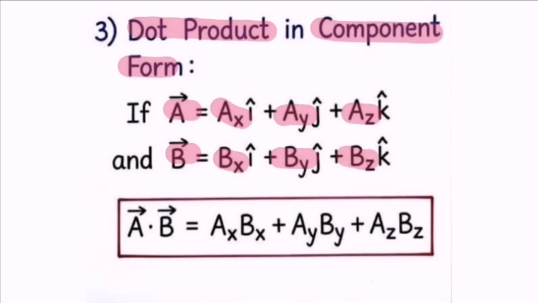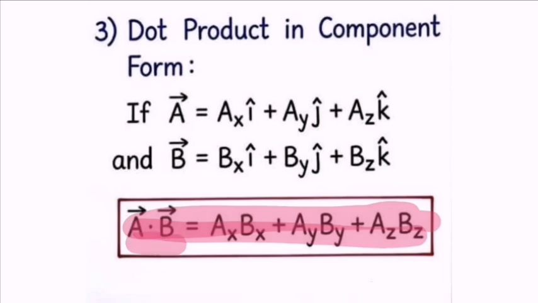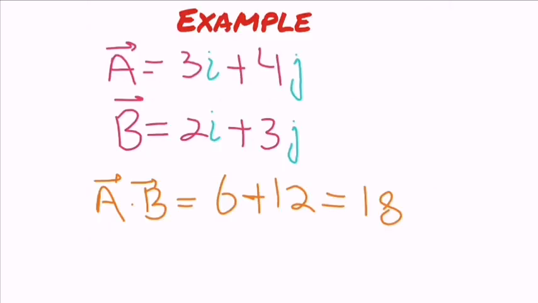Then their dot product will be equal to the sum of the products of the corresponding components. A dot B will be equal to AX multiplied by BX plus AY multiplied by BY plus AZ multiplied by BZ. So this is the formula when we multiply two vectors in component form.